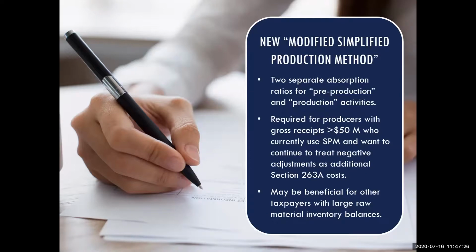So it might be required for some taxpayers in certain situations. It might be optional for others, but if you've got the right fact pattern, the modified simplified production method may significantly reduce the unit cap cost capitalized to ending inventory and thus reduce your taxable income.